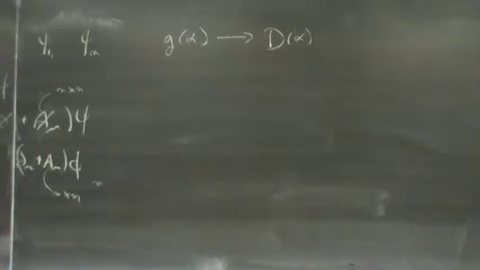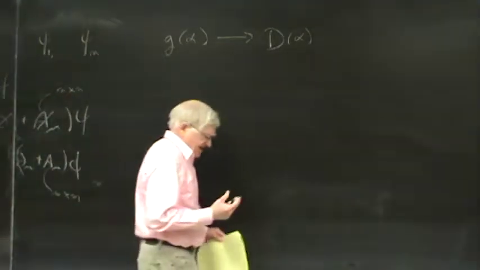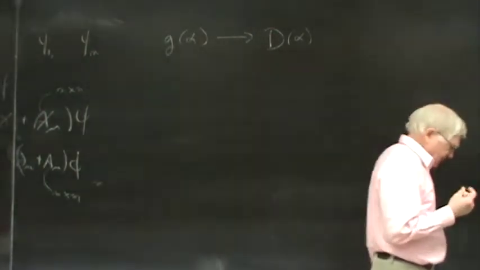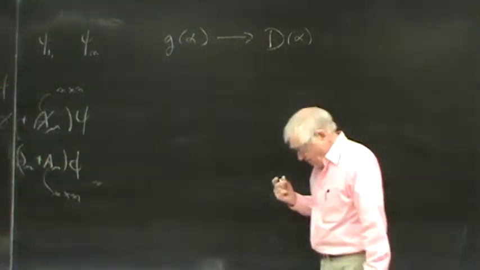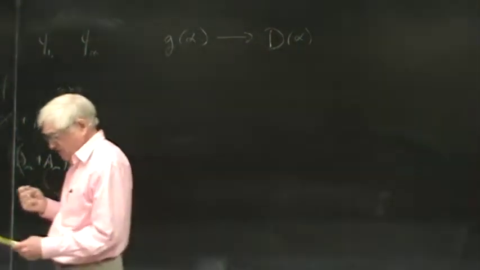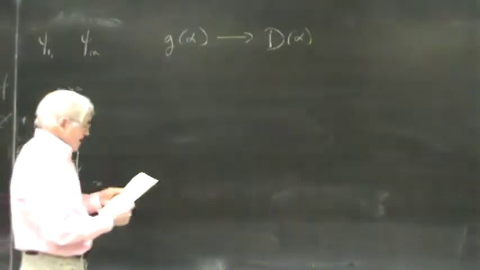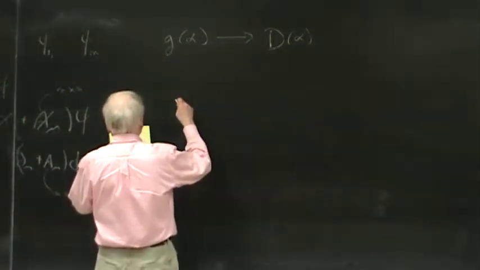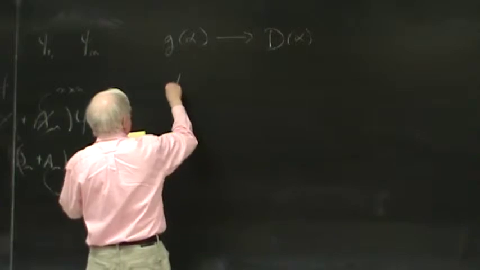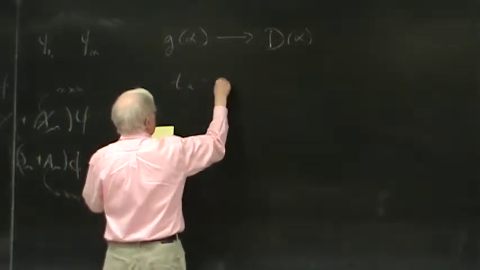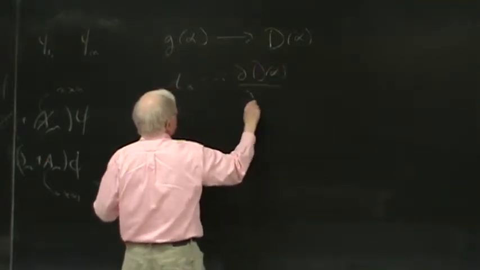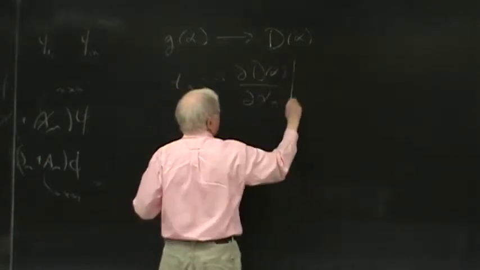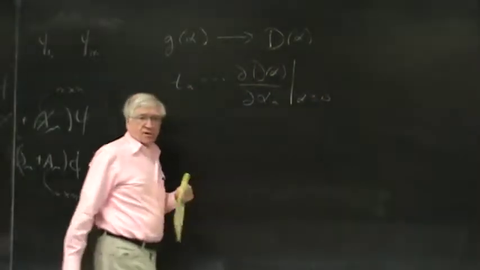Now, what's true about a Lie group is that the group elements depend upon the parameters in a continuous way, so that you can actually differentiate, and you can define something called a generator as minus i, the derivative of D of alpha with respect to alpha sub A, where all the alphas are 0.